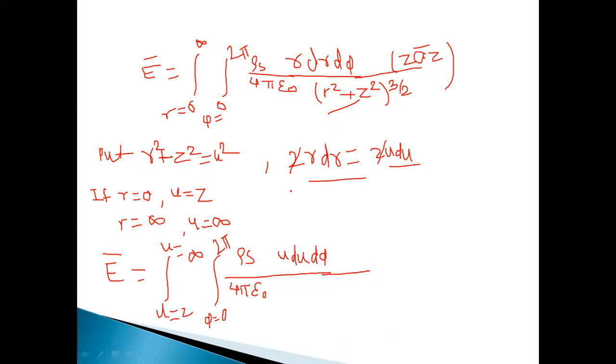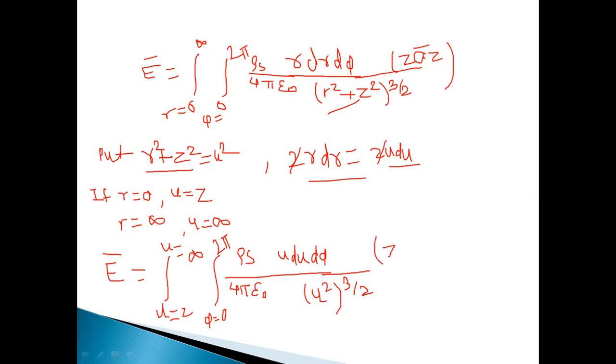Instead of r square plus z square, we are putting u square, raised to 3 by 2, into z a bar z.